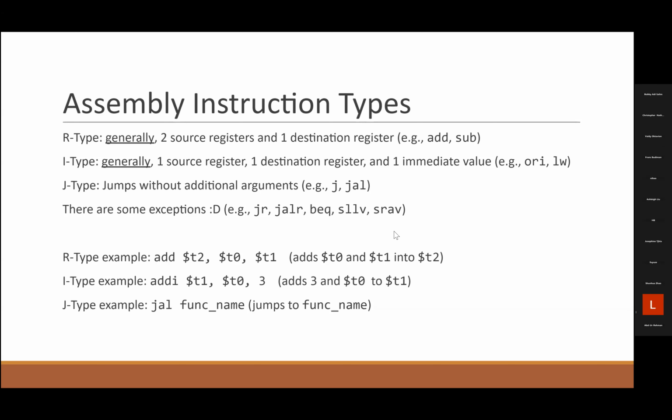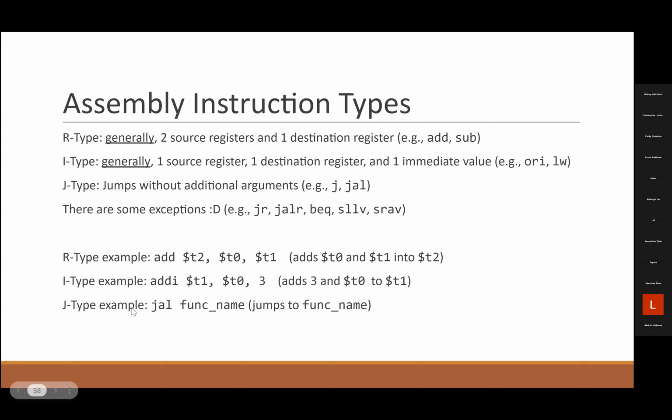Here are some examples. An example of an R type instruction is add. Here, add T2, T0, T1 means storing the value of T0 plus T1 into T2. Add I is an I type. In this example, we're adding 3 into T0 and storing the result into T1.